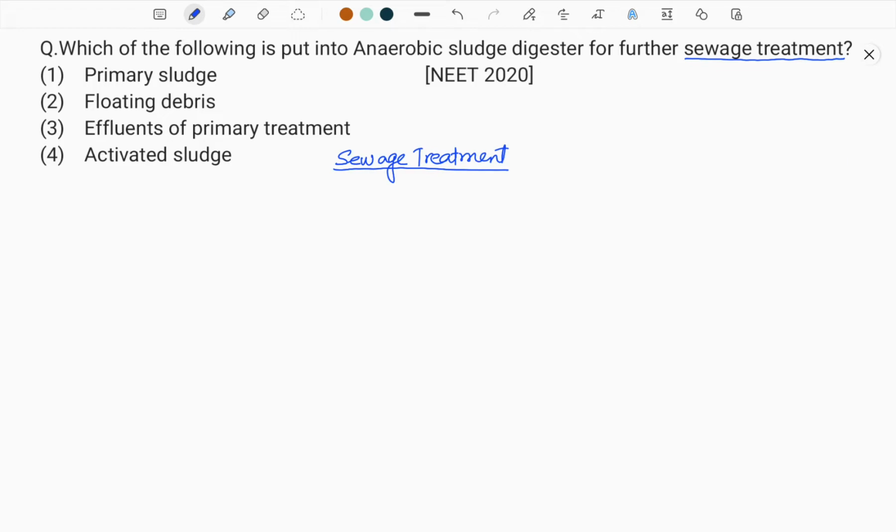So this kind of purification of sewage by using microbes in an eco-friendly manner is called bioremediation. Do remember that term. It is called bioremediation.